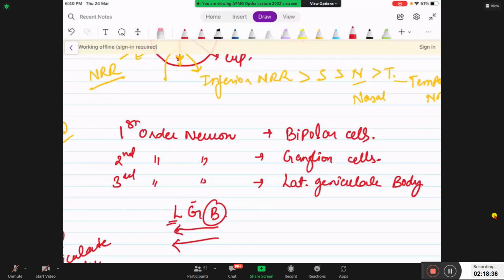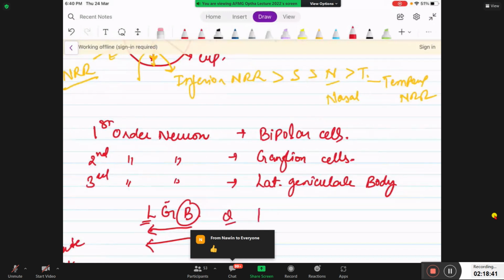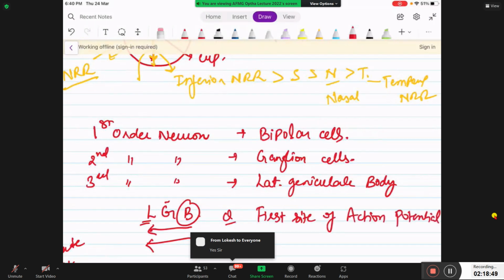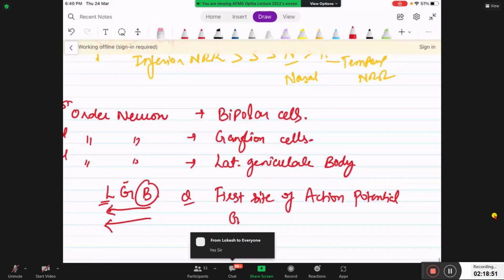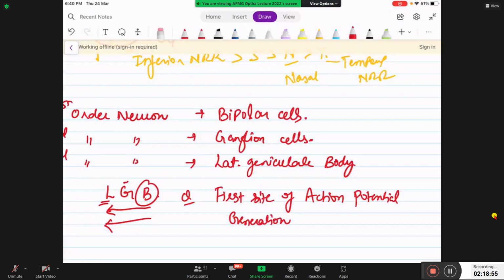Okay. If they ask you, write down the question: which is the first site of action potential generation? Then the answer will be ganglion cells.